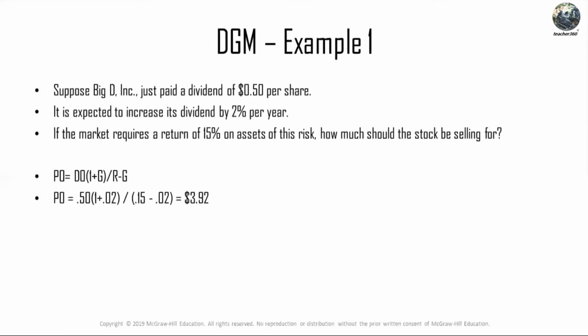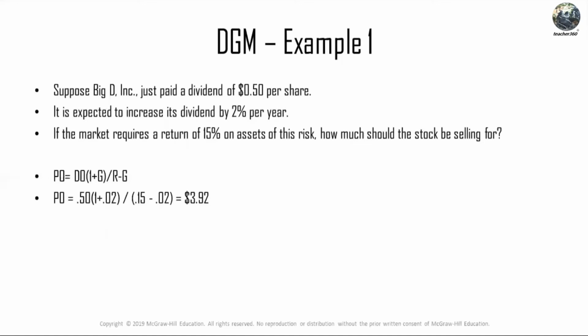Suppose Big D Incorporation just paid a dividend of $0.50 per share. It is expected to increase its dividend by 2% per year. If the market requires a return of 15% on assets of this risk, how much should the stock be selling for?